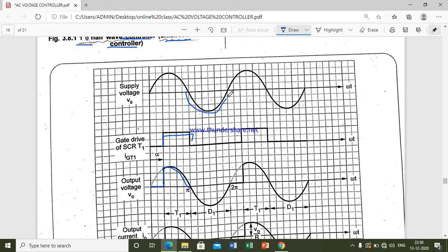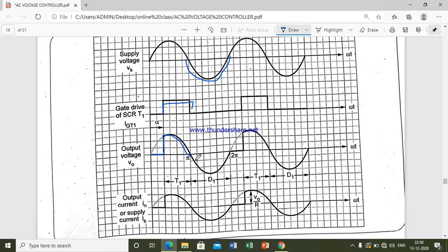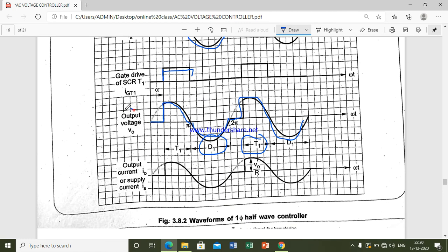So the diode will conduct during the negative half cycle. This is D1. Similarly for T1 you can observe this is T1. This is the output voltage V0. Similarly, you can get output current I0 also. This is also similar to your output voltage V0.